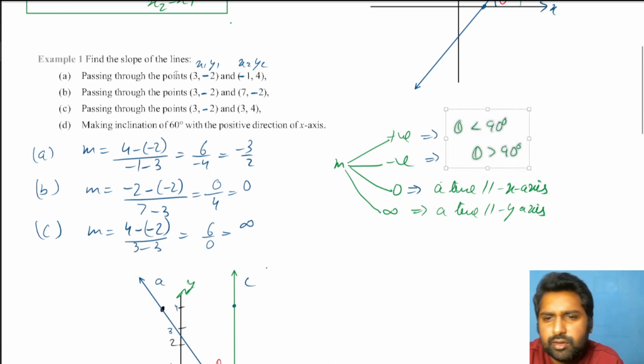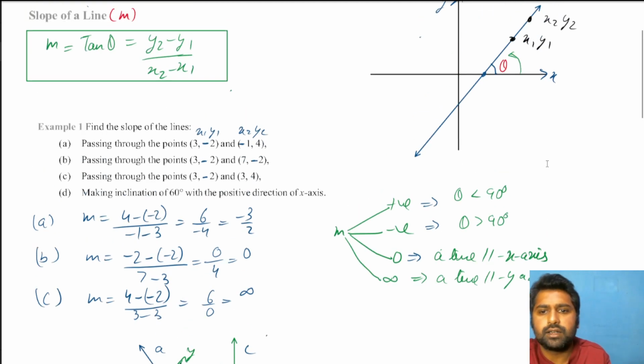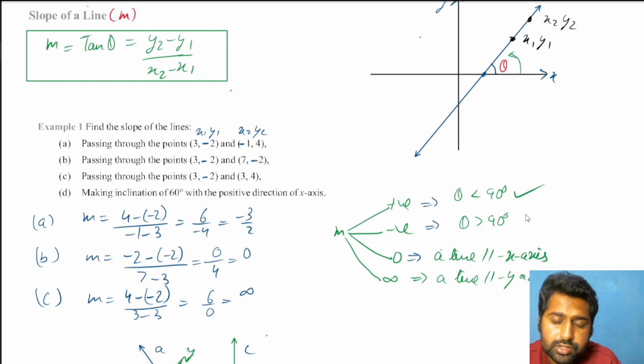I could have directly given you the same thing, but I think this was interesting, rather than just directly stating that m equal to 0 is a line parallel to x-axis, m equal to infinite is a line parallel to y-axis. Okay, and see tan theta, if theta is less than 90 degree, first quadrant, tan is positive. You can understand from there also.